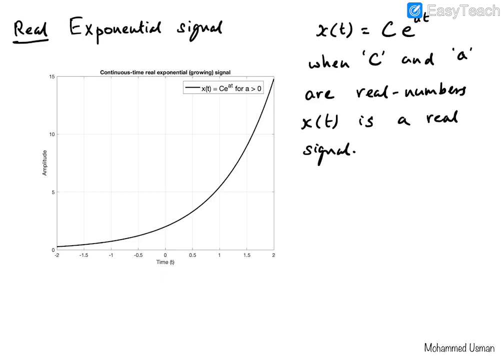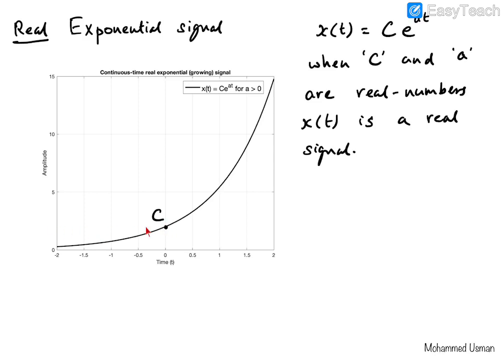Now the value of c corresponds to where this plot intersects with the zero time axis. So that point here corresponds to our c, and the value of a determines whether this exponential signal is going to be growing or decaying. When the value of a is positive, then we will get a growing exponential signal. This particular curve is for a positive value of a, and that is why it is growing.